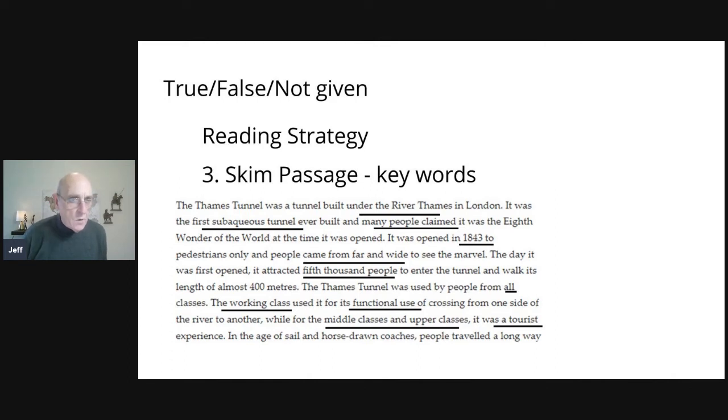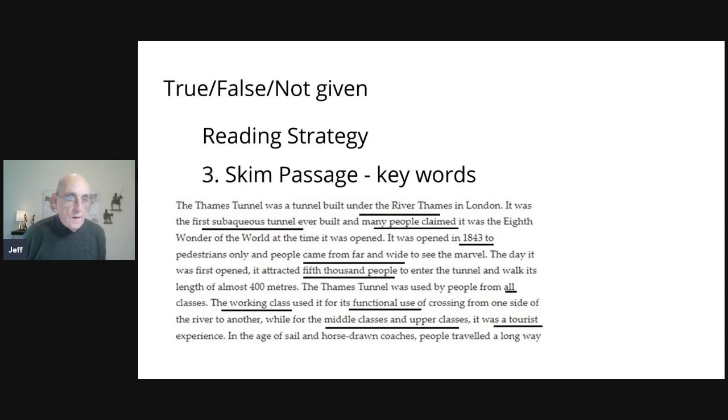So as I go through this passage, in the first line, you'll notice I underlined the River Thames. Remember, in the questions, in the first one I underlined a river. So even now, I probably already have found the location for the answer to the first question.